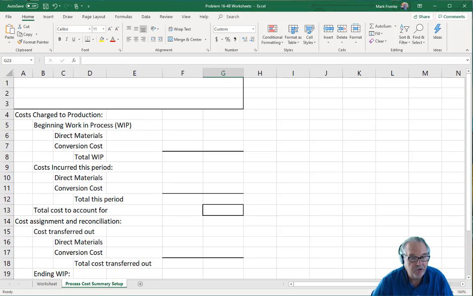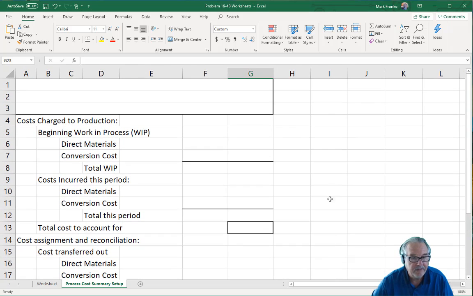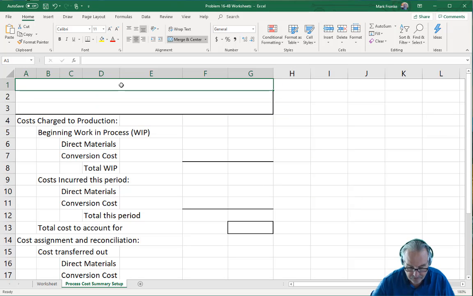In effect, we're telling the reader all of the debits that came into that work in process T account, and then the credit plus the ending balance is going to match. This is the Switch company.